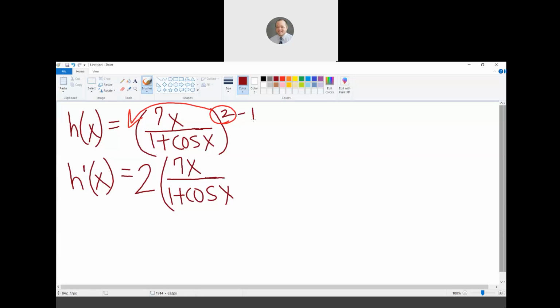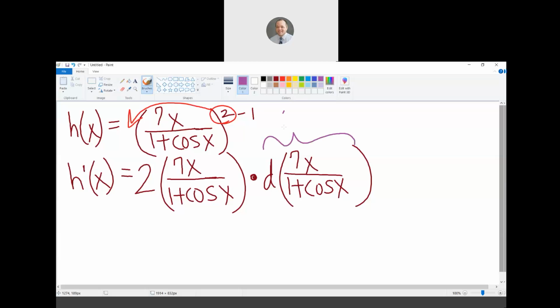And you still subtract 1 from the original exponent. So that's just to the first power. And this is the chain part of the chain rule times the derivative of our fraction. Now, in order to find the derivative of our fraction, we must use the quotient rule.